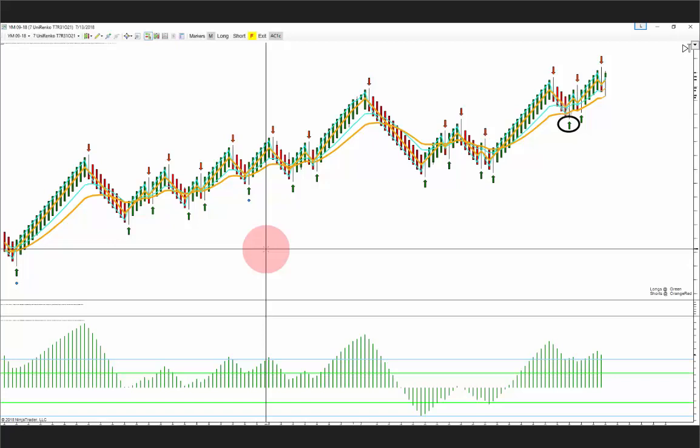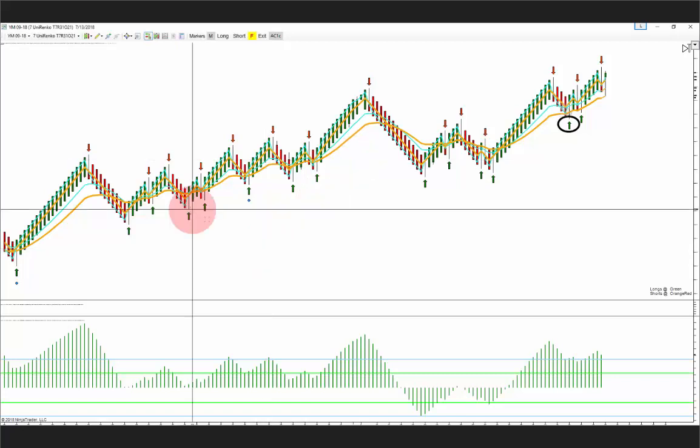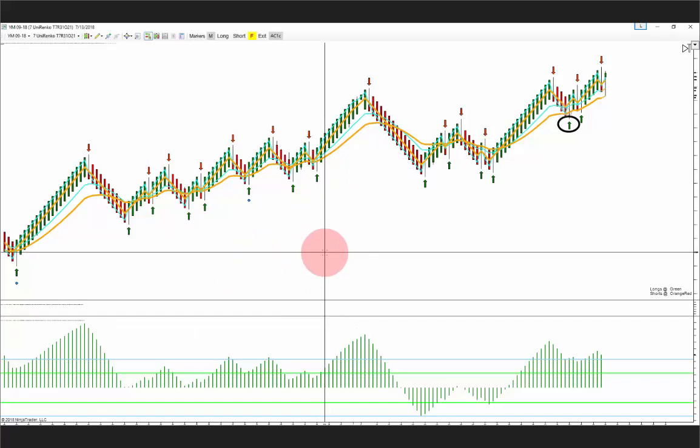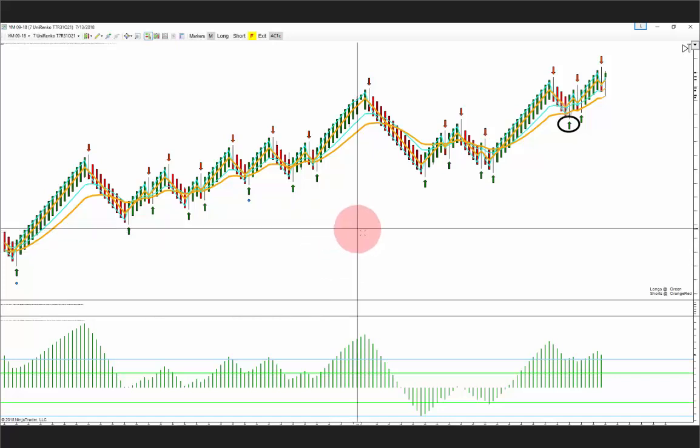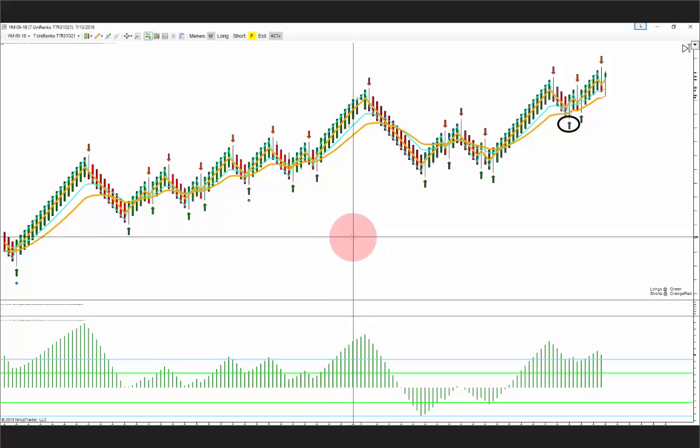Okay, so let me explain. You see all these signals, okay? This system, by the way, indicator of the month club subscribers, I taught every detail of this system in the training yesterday. So if you were not there, the recording for that will be coming out to you shortly. So exactly how to create and build this system was provided to the indicator of the month club subscribers.